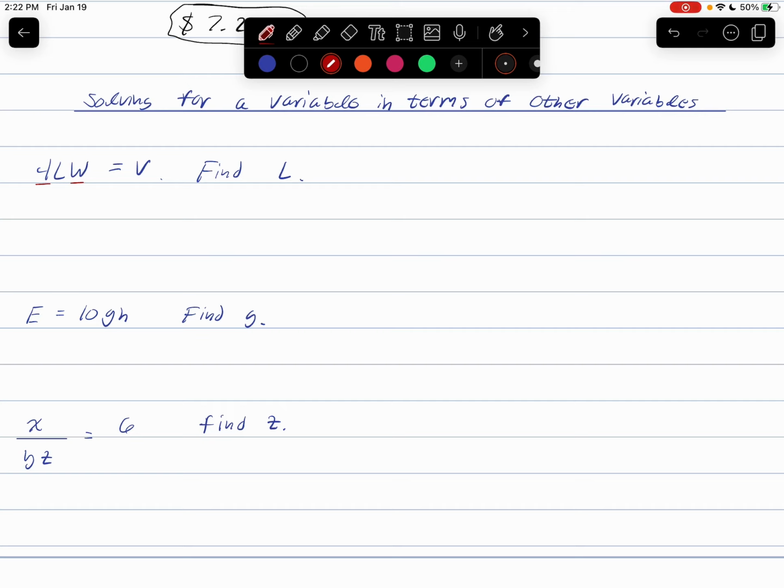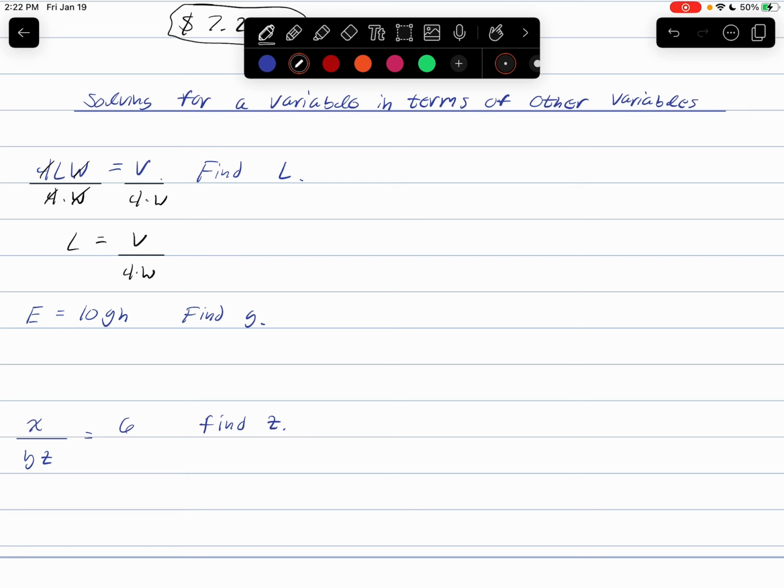In order to do that, we're going to divide both sides of the equation by 4 times W, okay? If we divide by 4 times W, that's going to allow us to cancel the 4's, and we're going to cancel the W's, and we're going to end up with L is equal to V over 4W, or 4 times W. We can write it with the multiplication symbol or without it.